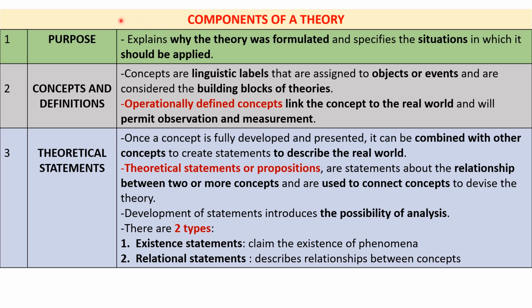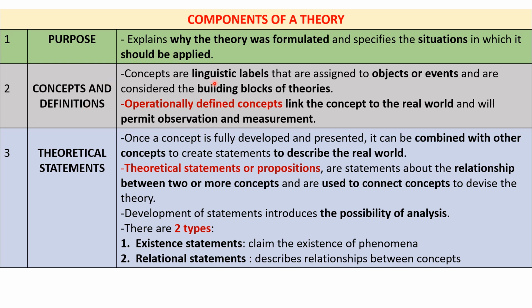There are 6 main components we will be seeing in theories, starting with the purpose. Purpose explains why the theory was formulated and specifies the situations in which the theory should be applied. Concepts and definitions.